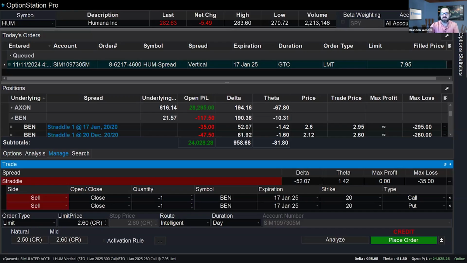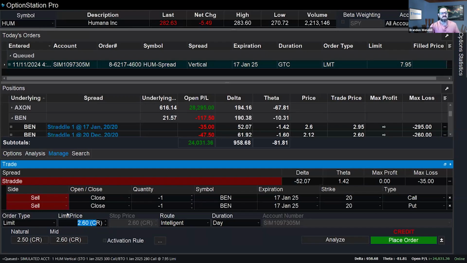If I am getting a credit of 260 right now, well, basically I'm only collecting 260 bucks. I can't do that much. But let's say I want to make at least $100. I can go ahead and set my order to buy it back when I hit a certain price, and actually just a limit order is all you really need in that case.